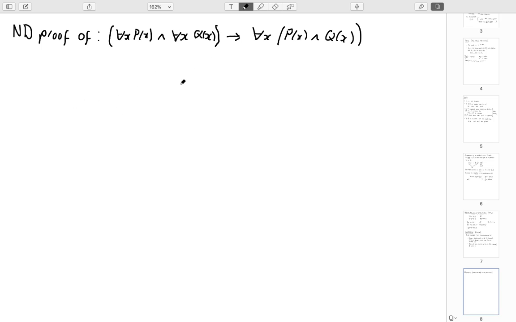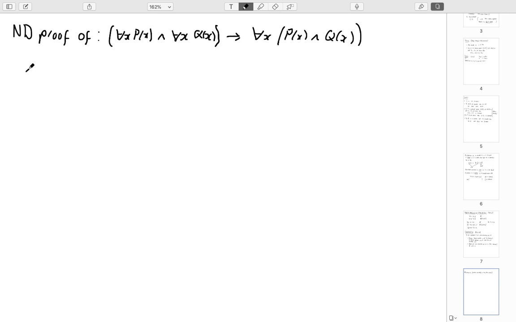So the first useful thing about natural deduction in predicate logic is that the rules for the propositional connectives are just the same as natural deduction from propositional logic. So we already know the rules for and, implies, negation, that's not, disjunction, that's or, and so on. So in particular here we want to prove an implication, so we're going to do that the way we were doing in propositional logic.